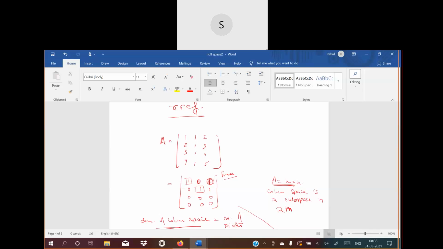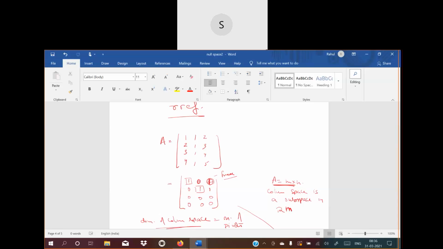So if in this matrix you have 2 independent columns, it means you have 2 pivots. That becomes the dimension, which is the rank of A. And the left one is your free variable, which can take any value.